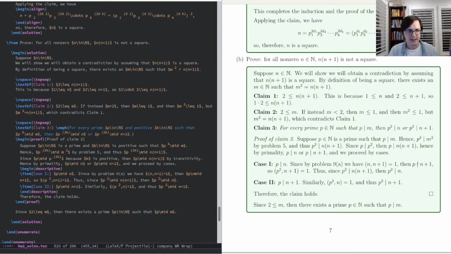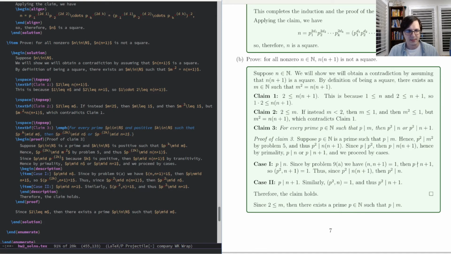So the first one is that p divides n, and by 9a we had that the GCD is 1. So then p does not divide n plus 1. So the GCD of p to the 2k and n plus 1 is 1, for a similar reason as before.